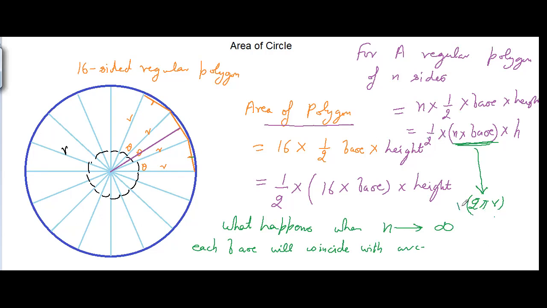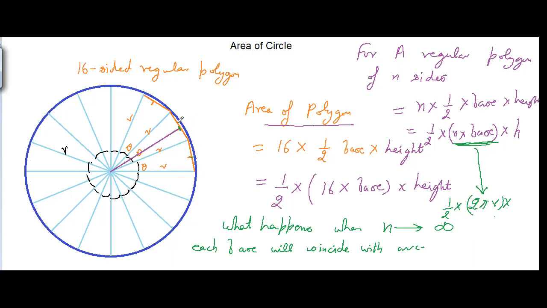And this number half remains there. And what will happen to height? See, here in the 16-sided polygon as we have drawn, there is some gap between the side of the triangle and the arc. So this height is not exactly equal to the radius.